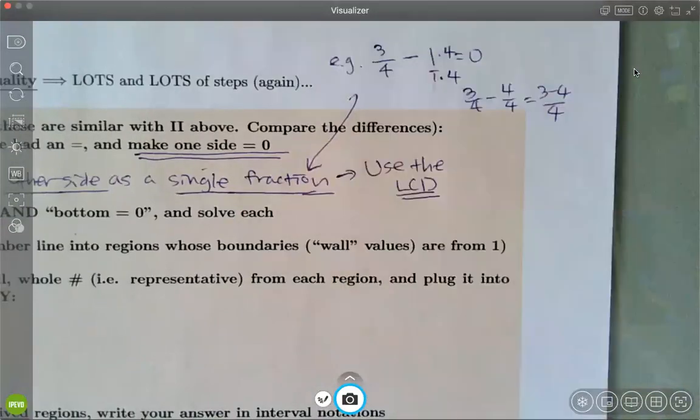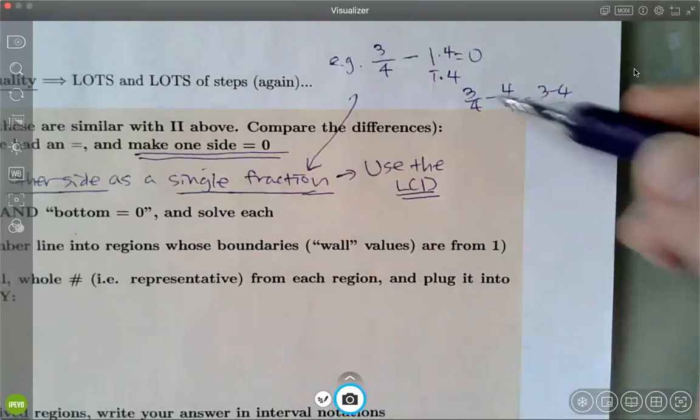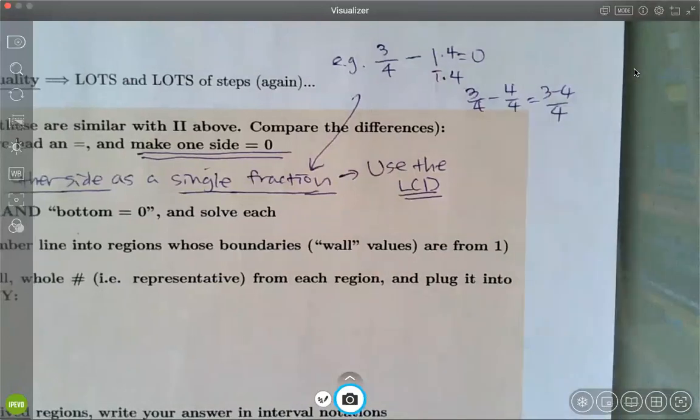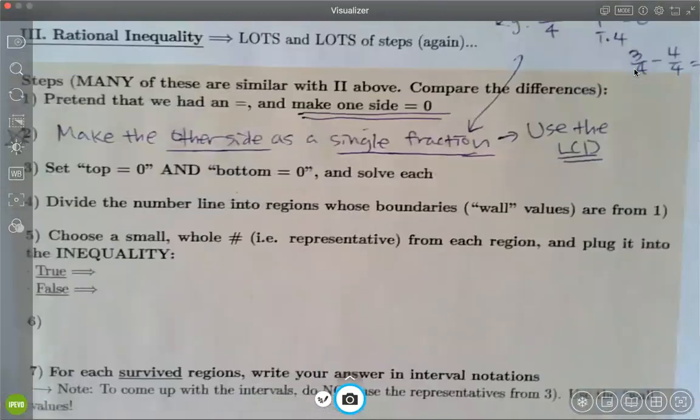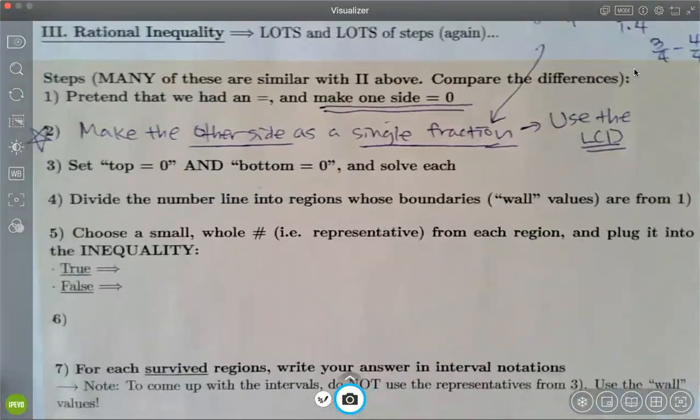But of course, we may have to use something a little bit more complicated than what we have done here. Okay, but we use the same scheme to express the left-hand side as a single fraction. But that is the first real difference compared to the quadratic inequality.